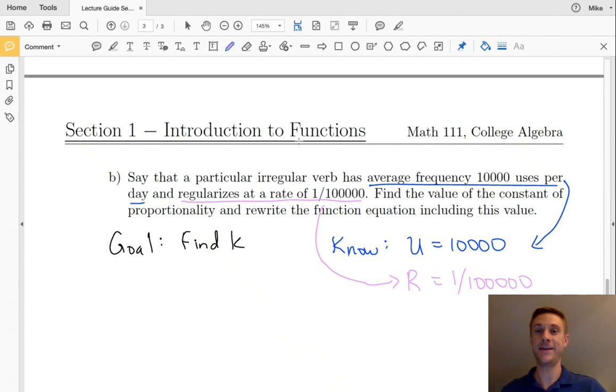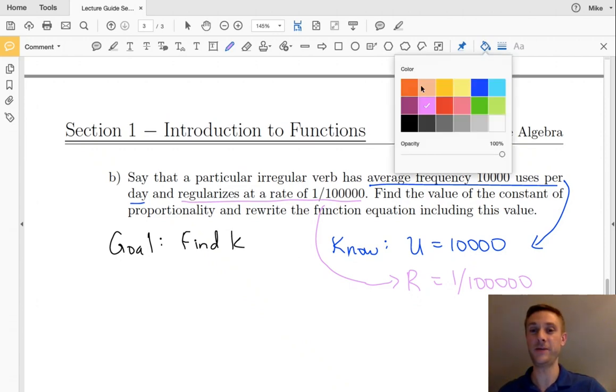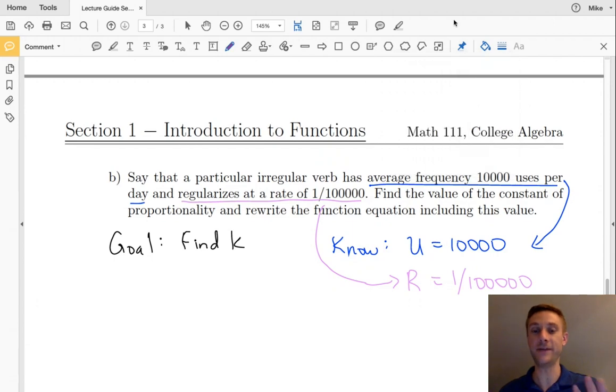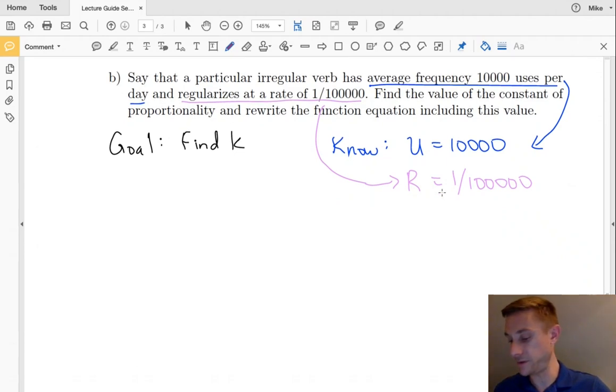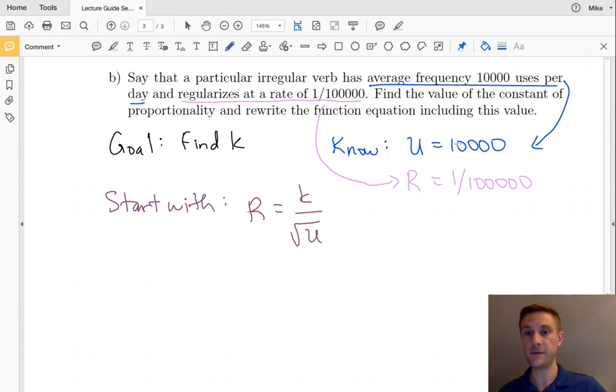And then maybe if you're like me, you sink into that slightly comfortable sensation of actually having an equation to work with and not just a bunch of words to float around. So we started with our equation from A. So we had r is k over square root of u. And this gives us a little snapshot, basically an ordered pair, if you like, an x and a y.